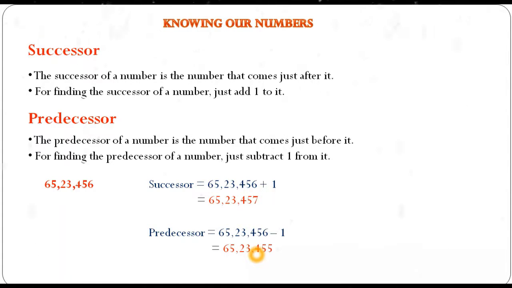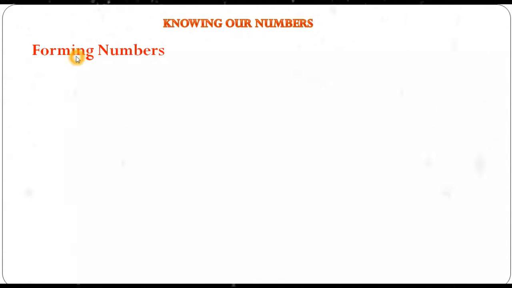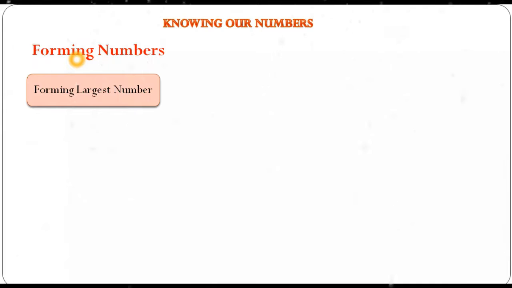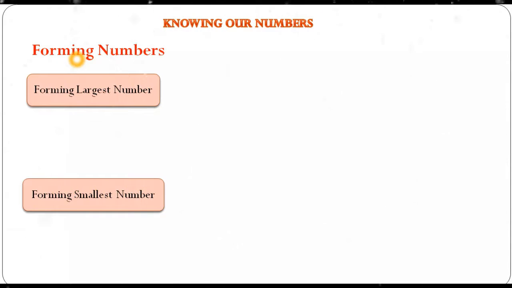Okay, let's look at another thing, that is forming the numbers, for either forming largest numbers or forming smallest numbers. Say for instance, some digits are given and you have to make the largest number out of those digits, or you have to make the smallest number out of those given digits.